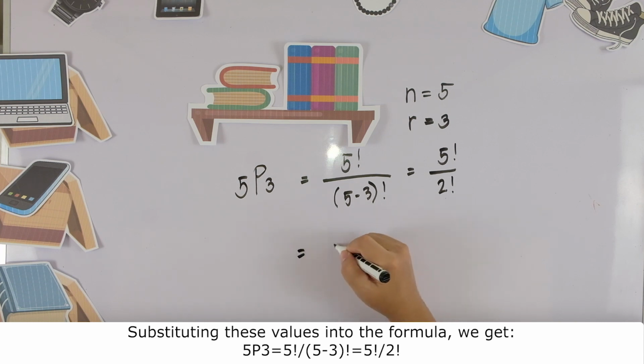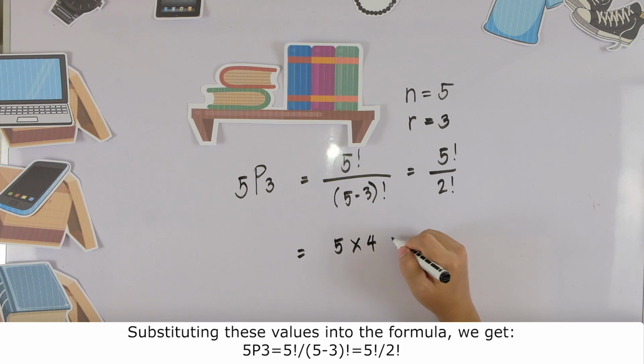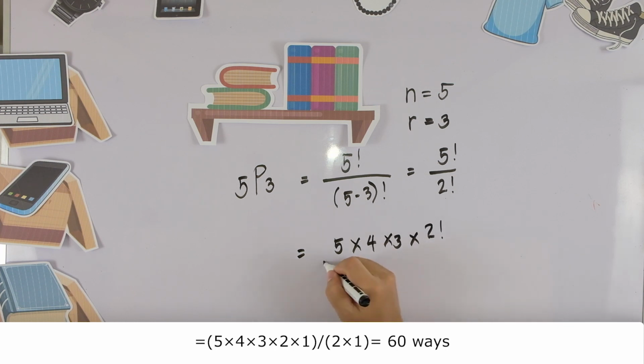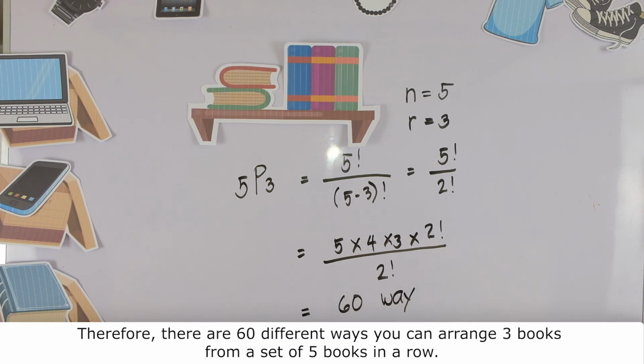That is equal to 5 times 4 times 3 times 2 factorial over 2 factorial. And for our answer, we have 60. So we have 60 different ways you can arrange 3 books from a set of 5 books in a row.